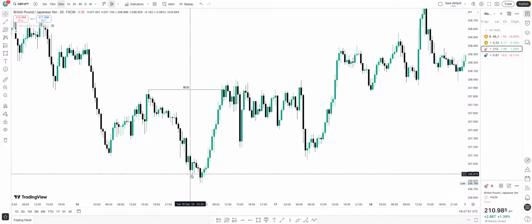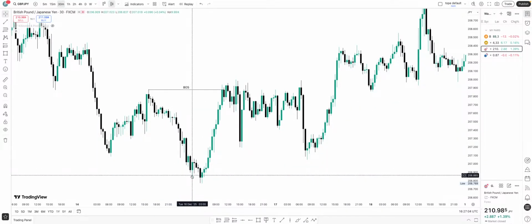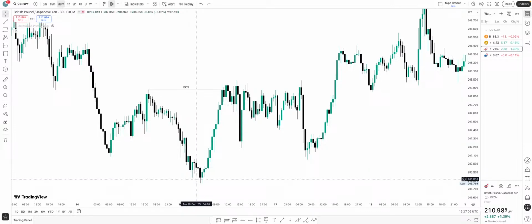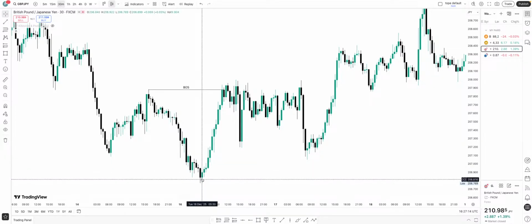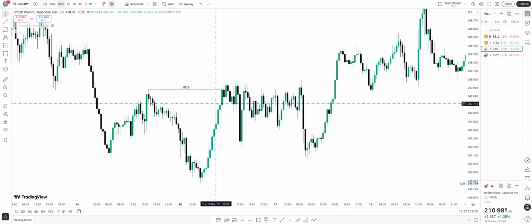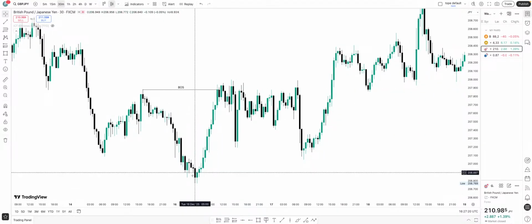After we had this selling momentum, this candle right here is the last selling candle before buyers start coming in. You get? So this candle is our point of interest. That is the order block.